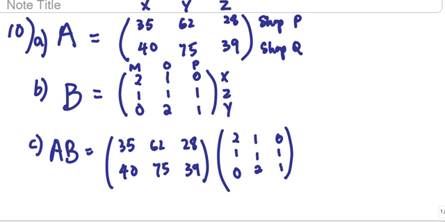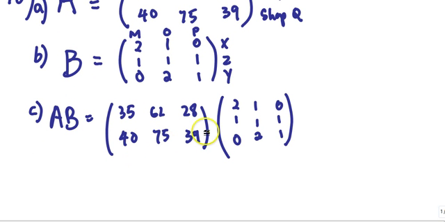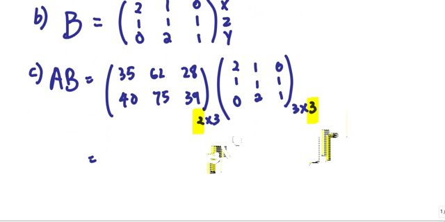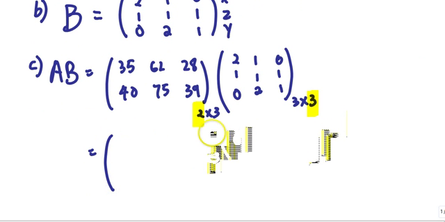Remember in matrix multiplication, first thing we do is always list down the order. So this is a 2x3 matrix. This B is a 3x3 matrix. So the order of the final matrix will be a 2x3 matrix. So we know we will end up with a matrix with 2 rows, 3 columns.